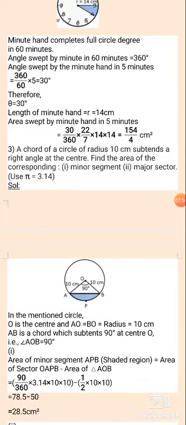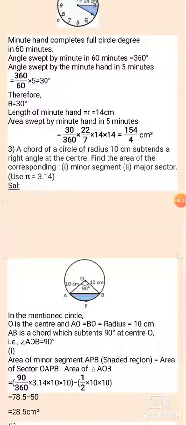Now, the first question: area of the minor segment, which is equal to what? Area of the sector OAPB minus area of the triangle. So, area of the minor sector is theta by 360 into pi r square. What is theta here? 90 by 360 into pi value 3.14 into radius 10 into 10, minus, since the angle is 90 degrees, we can consider this as a right angle triangle.